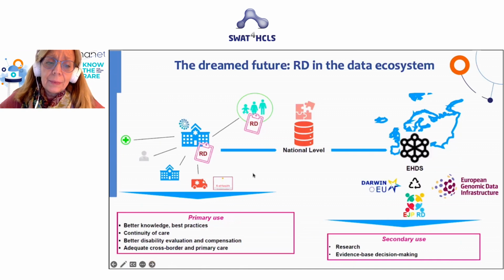And not only because of the codification, and we will go across the data elements as well, but we will be able to have data we can rely on for secondary use.